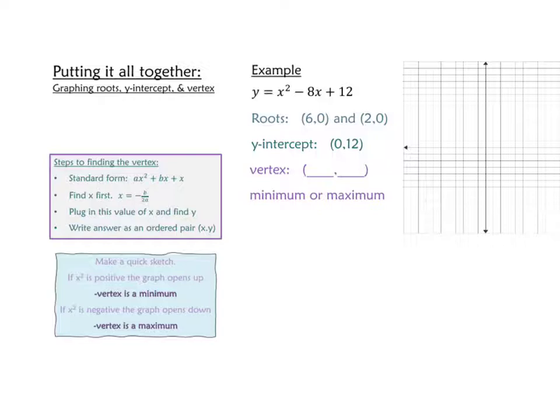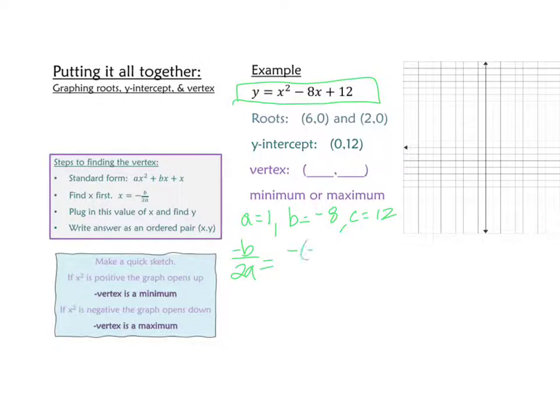They're kind enough here to give us the roots and the y-intercept, but I'm going to go ahead and write down the a, because I'm a creature of habit, the b, and the c of our example trinomial.